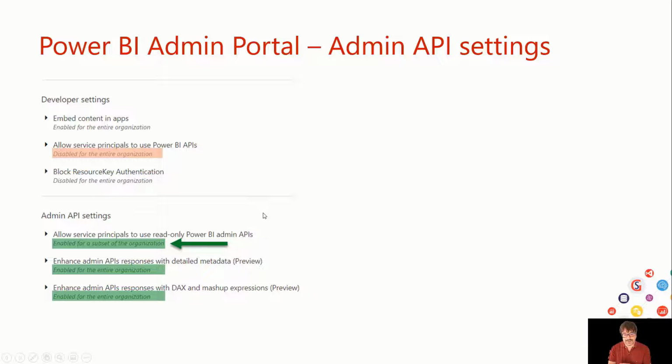What this application is using are these so-called read-only Power BI admin APIs. And for this reason, I enabled it for a subset of the organization. I will show you this in a couple of seconds when I'm demonstrating this live.